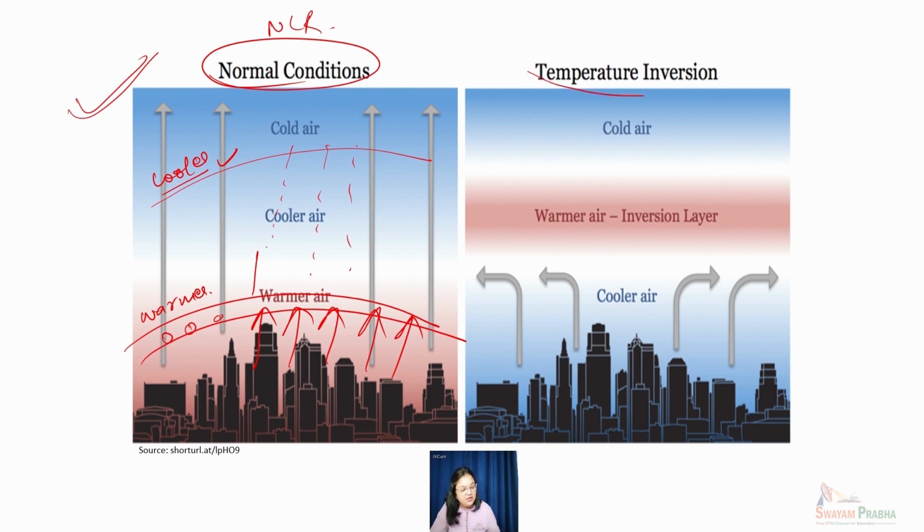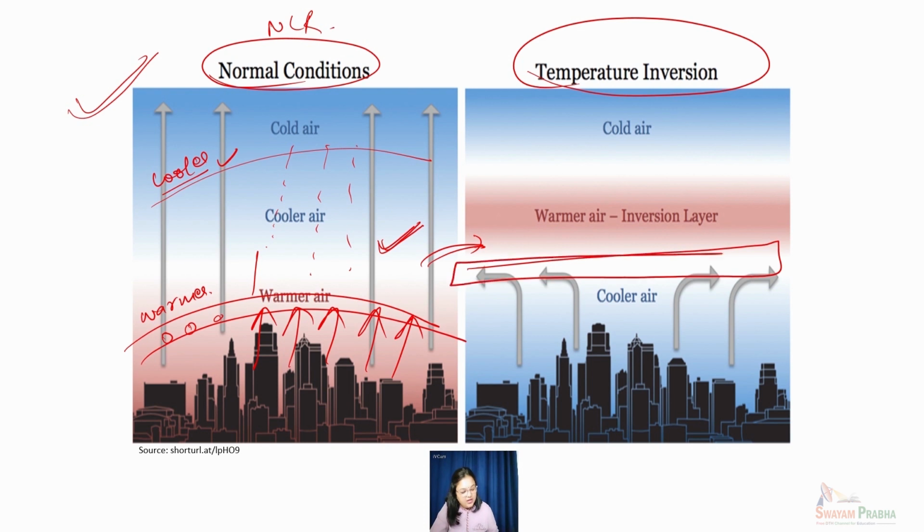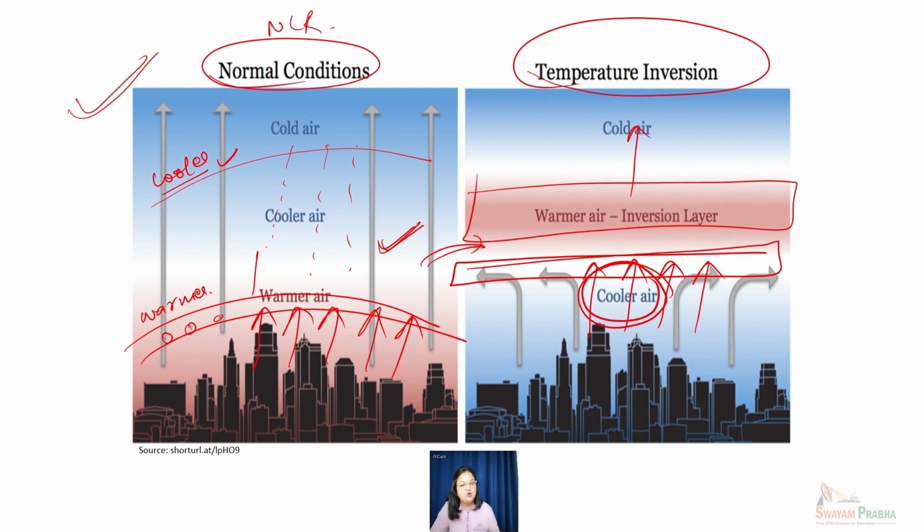Whereas in temperature inversion conditions, under certain conditions, this particular phenomenon is reversed. How reversed? The lower layers of the atmosphere are no more warmer because of certain conditions which we will be discussing in the coming slides, and the lower layers of the atmosphere become cooler and the warm air is tossed up, and it is again followed by the cool layer.